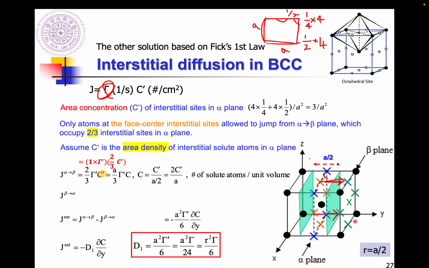Why? Because if I want to convert this area, I will choose the same, right? And I will choose this one, right? And this cubic does not overlap with this cubic. So it turns out this will be the suitable choice.